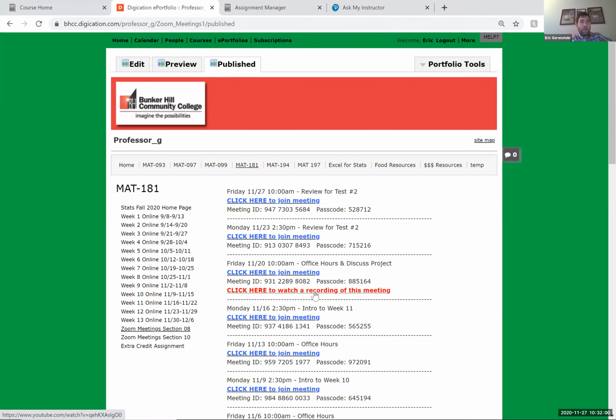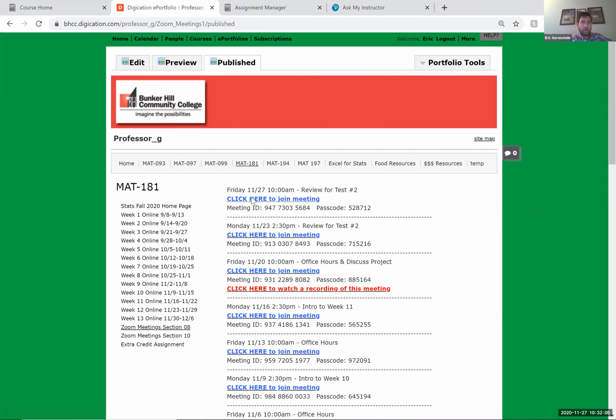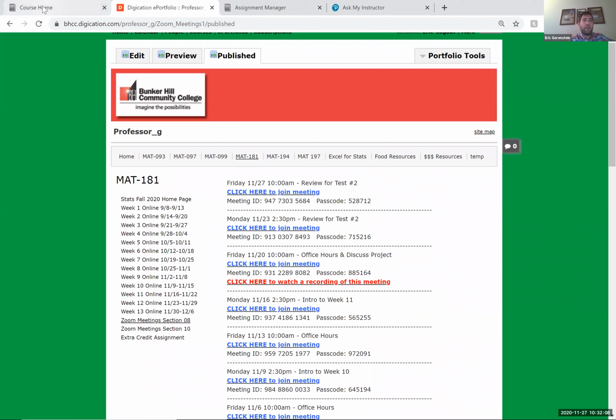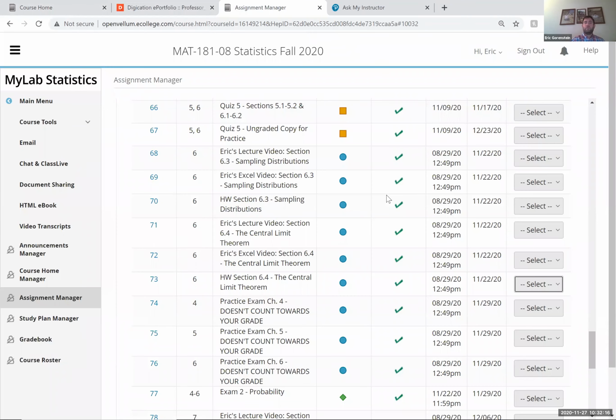So I'll email a link, and I'll also post a link in red right here next to this meeting once I have that, once it's processed. Okay, if there's no other questions, we could go ahead and end the call.